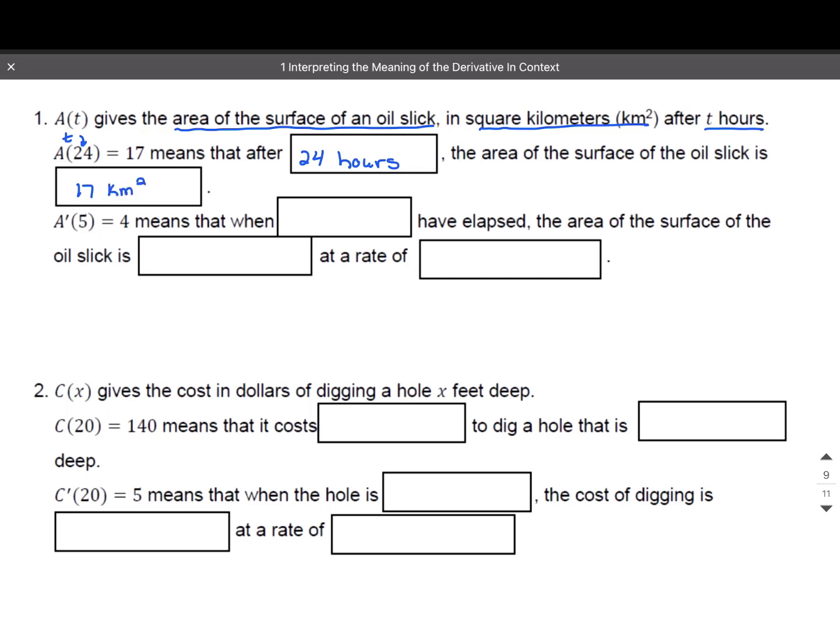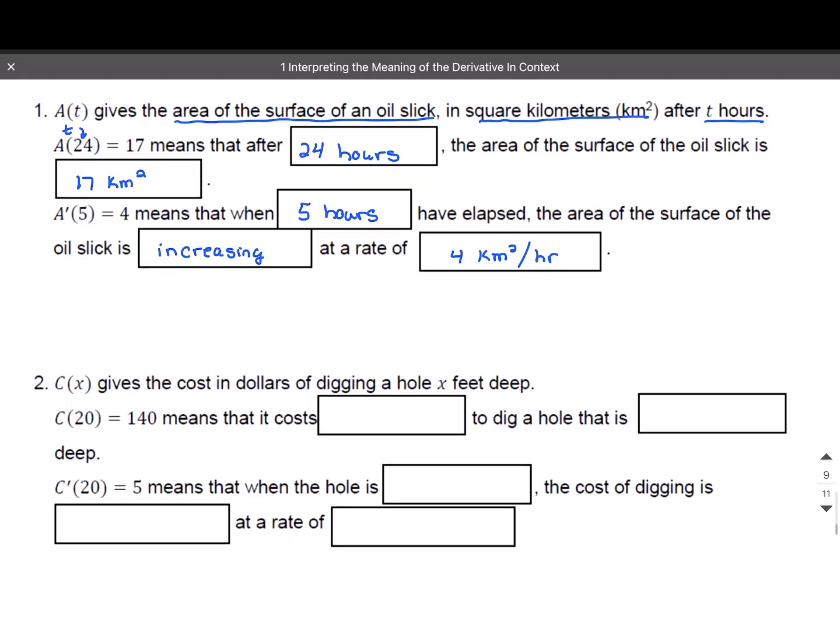A prime of 5 equals 4 means that when 5 hours have elapsed or passed, the area of the surface of the oil slick is, now because it's positive, it's increasing at a rate of 4. The units on A is kilometers squared per. The units on the time is hours.